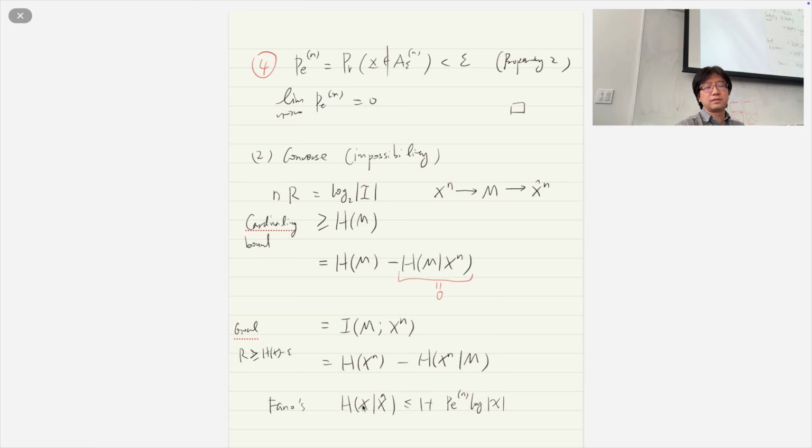If we see a Markov chain, then we need to find a relation between something regarding X^n and M and something regarding X^n and X hat^n. Does that remind you of anything? Again, think about the 4 inequalities. Number 1, Jensen. Number 2, log sum. Number 3, data processing. So what is data processing?